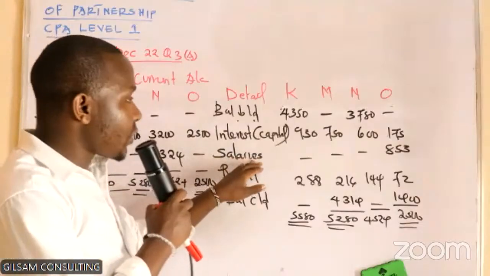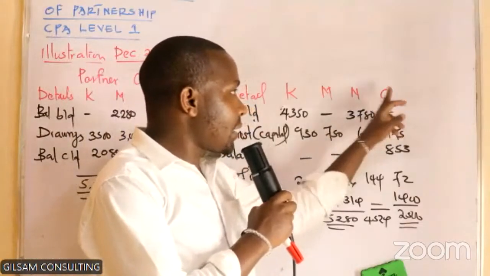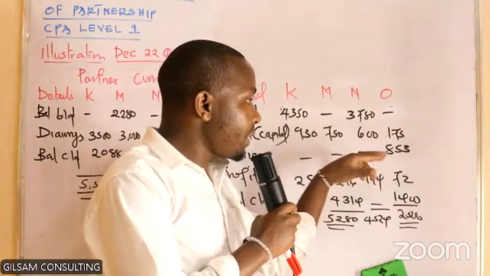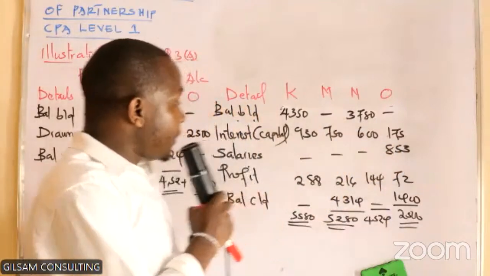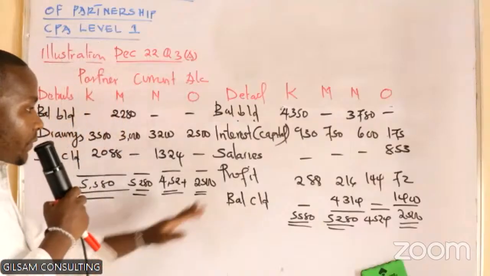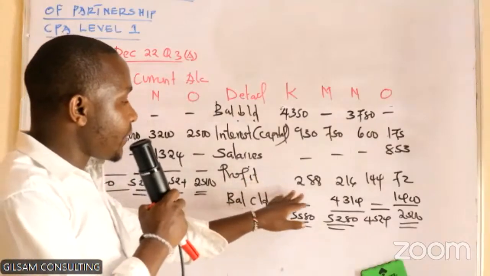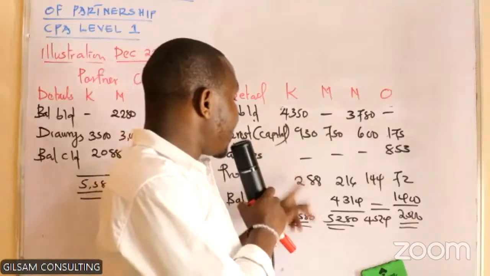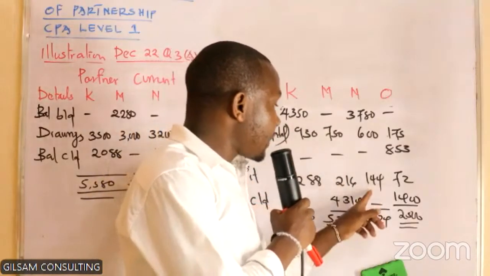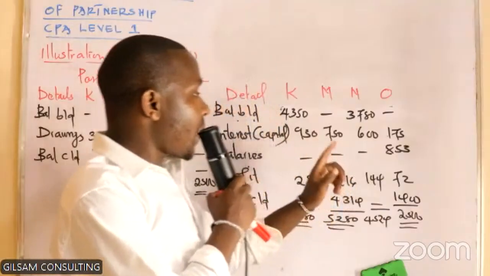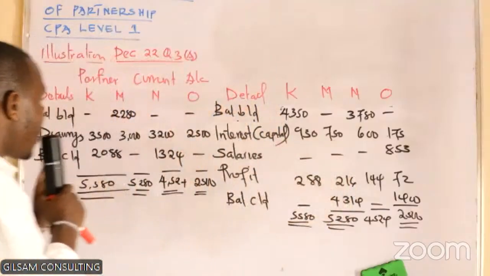Only one partner is getting a salary here. Oliver is the salaried one, so we bring his salary here of 853. And also the profit, which we get from the appropriation account: Get 288, Mercy 216, Nixon 144, and 72 for Oliver.